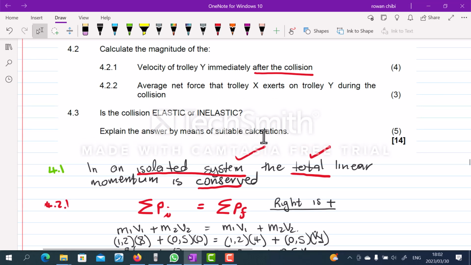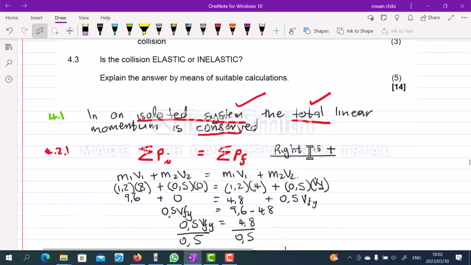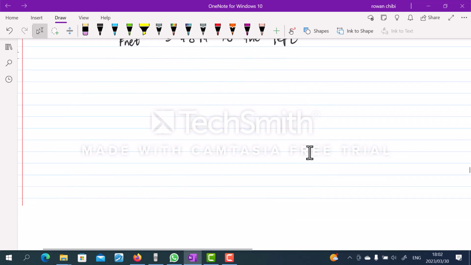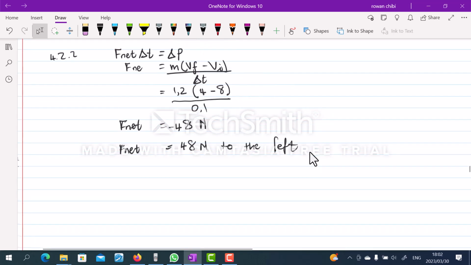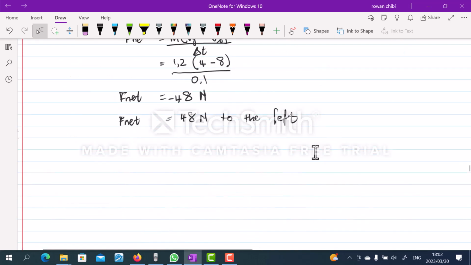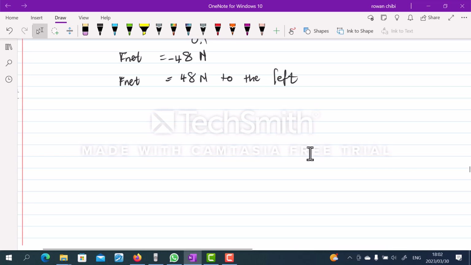Explain the answer by means of suitable calculations. Is the collision elastic or inelastic? So that was 4.3. So this one you can do by looking at the sum of the kinetic energy initial is equal to the sum of the kinetic energy final.